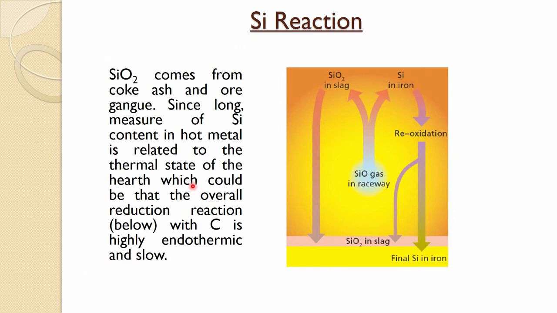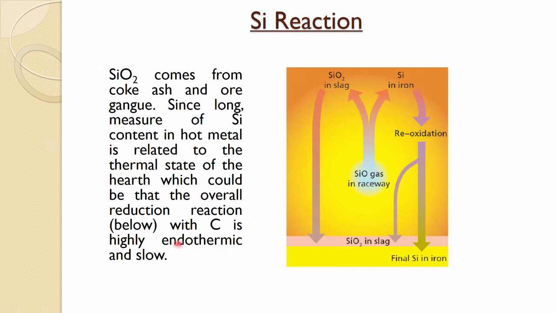It used to be believed that this SiO2 reduction occurs in the hearth region, and most of the silicon gets transferred there.